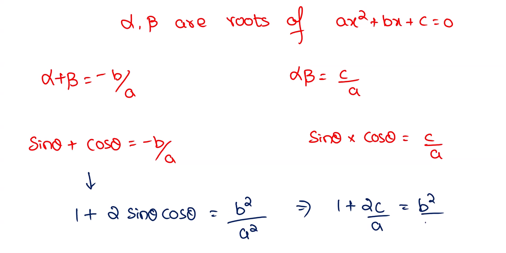Now shuffling all this, we can take a here, a plus 2c is nothing but b square divided by a, because this will cancel. So finally, a square plus 2ac equals b square.